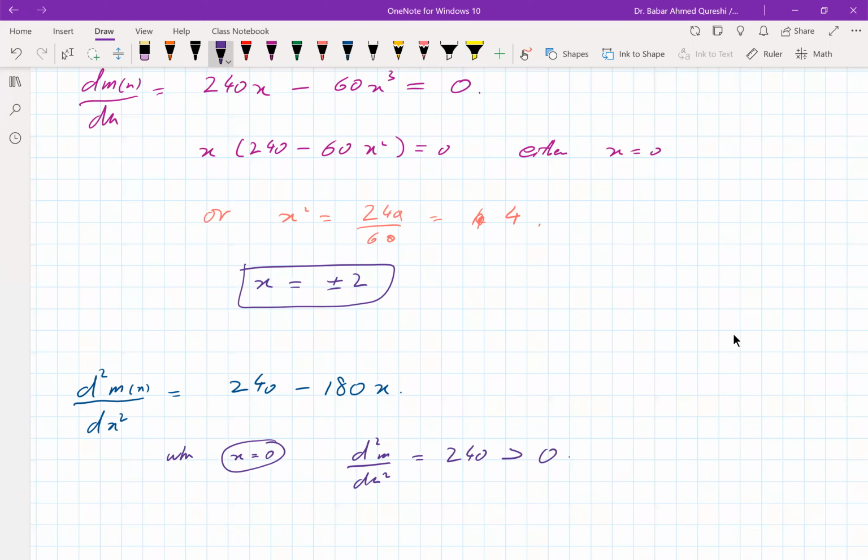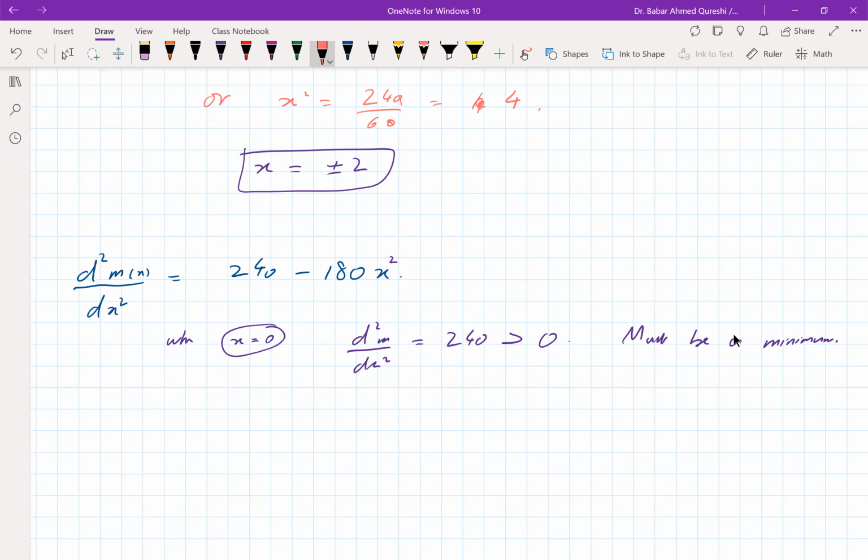Wait, this is not x, this is x square. But still, this conclusion holds. So it's greater than 0, so it must be a minima. But we don't want a minimum, we want a maximum.